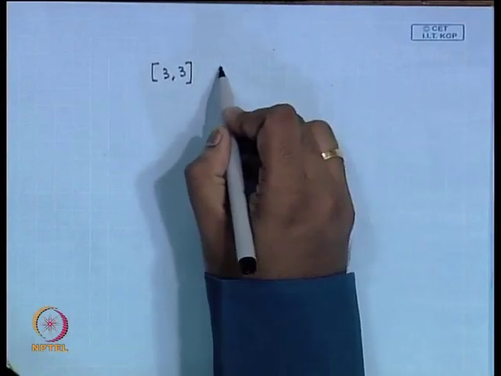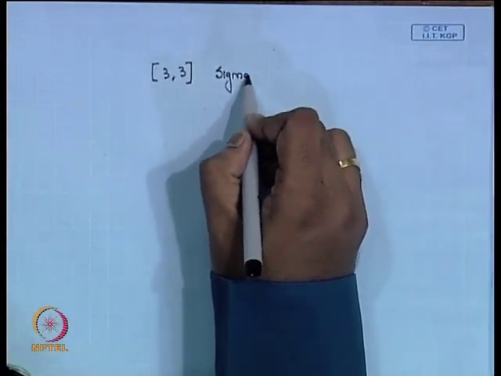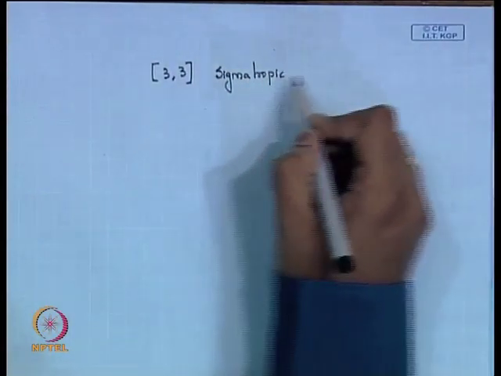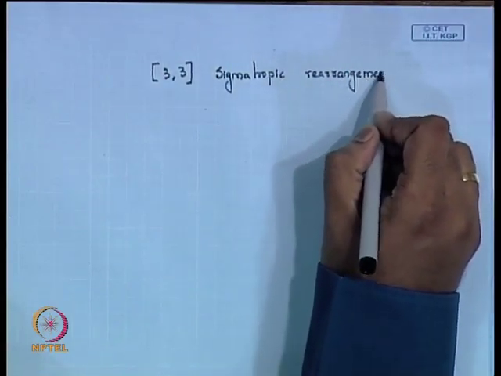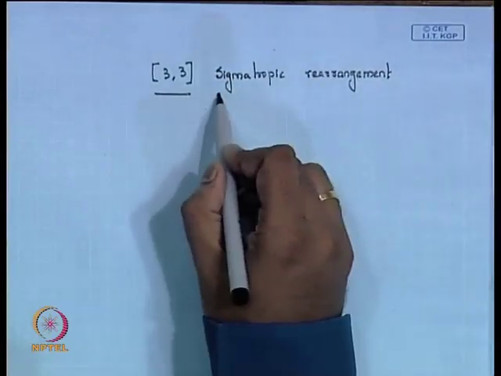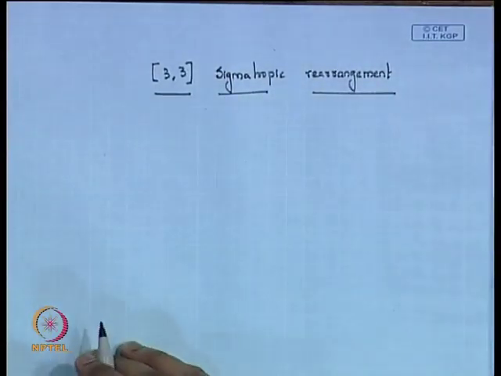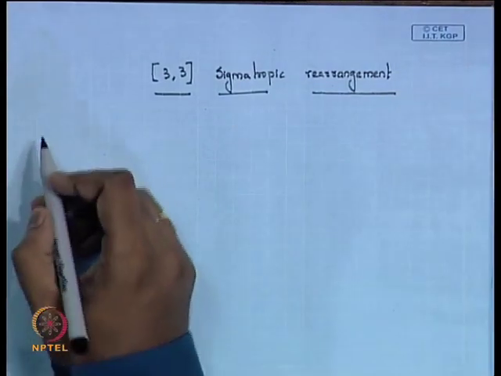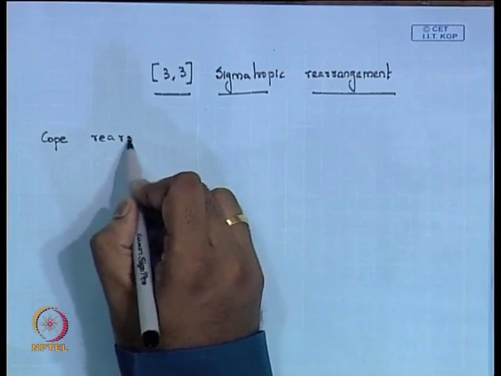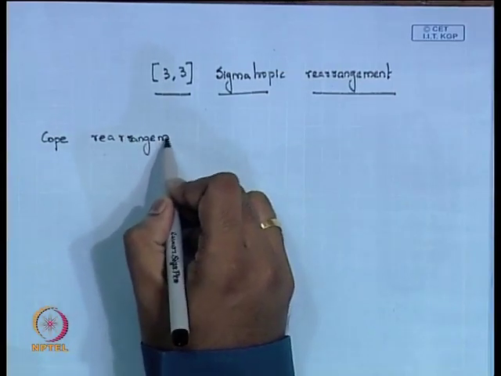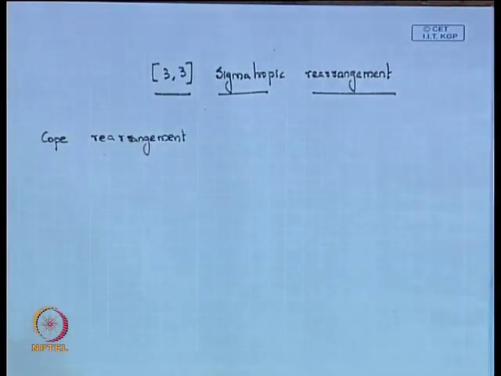Now, we will slowly get into your 3,3 sigmatropic rearrangements. There you have studied a lot. Your famous one is your Cope. You have not forgotten Cope, right?